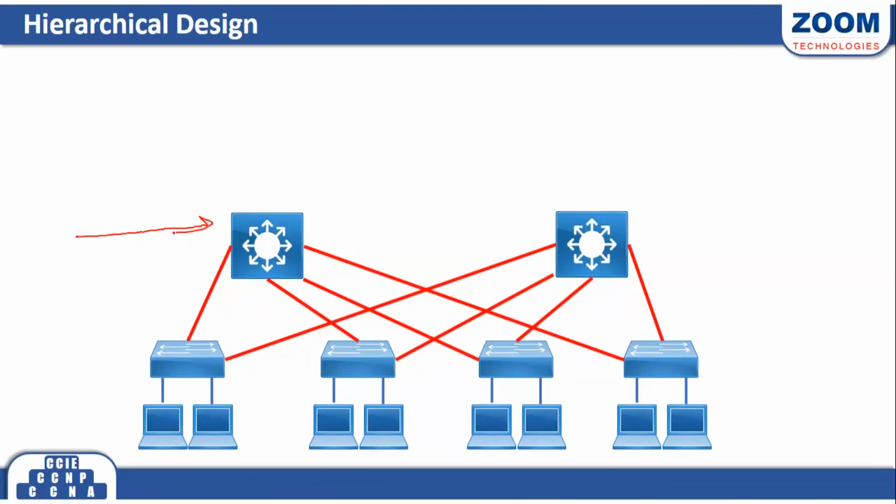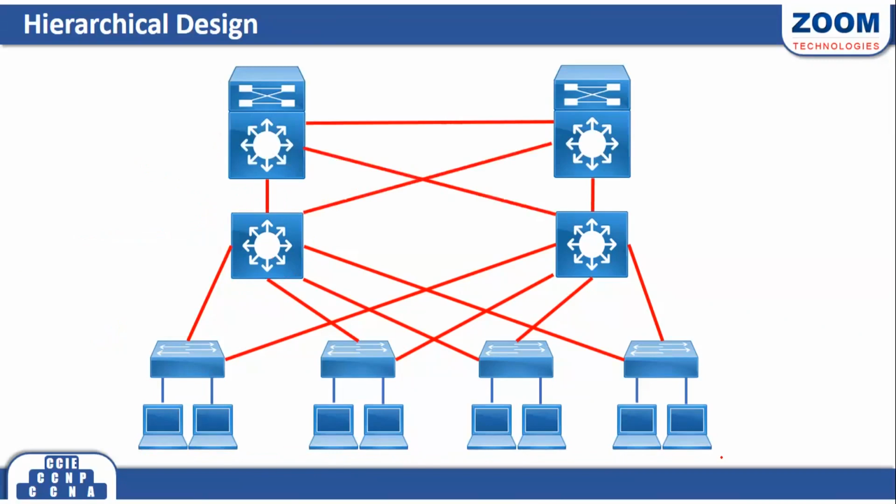Its purpose is to define how the access layer switch ports should work. Based upon the configurations and policies we make here, your end devices can be functional. Distribution is connected to the core switch. Core switches are for fast processing. We don't configure any policies here; this is for faster processing.